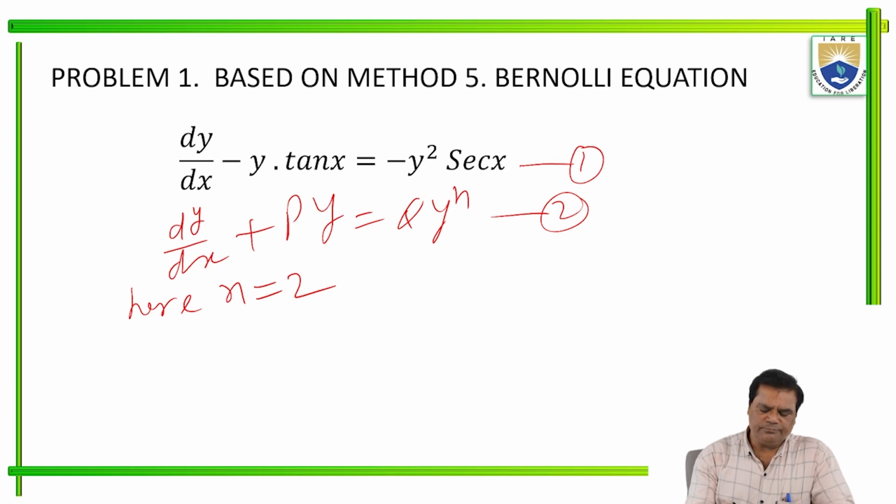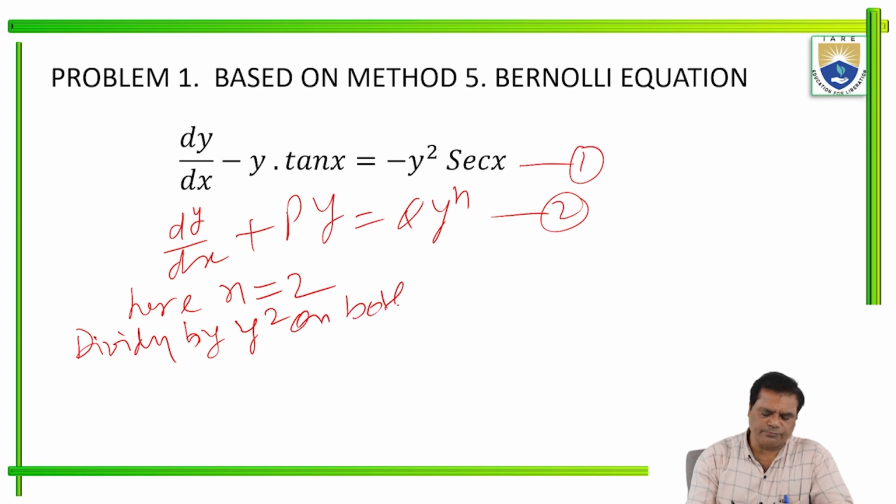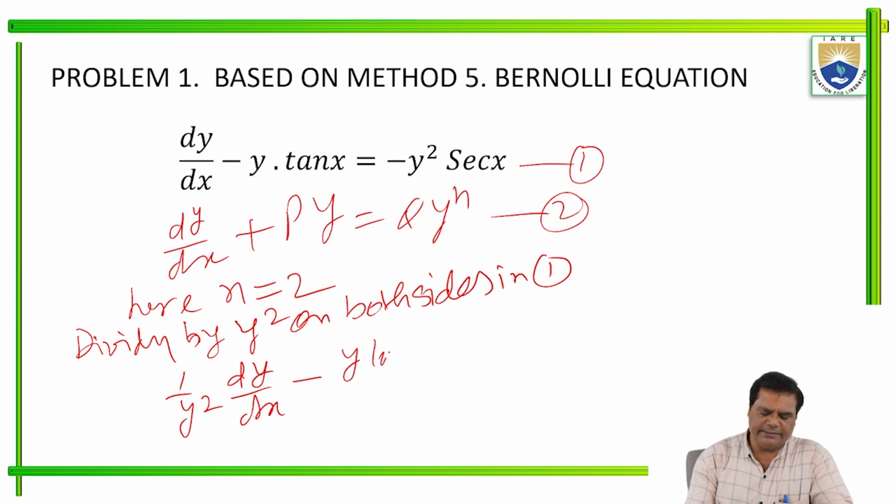Now the same procedure applies here. In our question, dividing by y squared on both sides in equation 1, we get 1 upon y squared dy/dx minus tan x upon y equal to minus sec x.